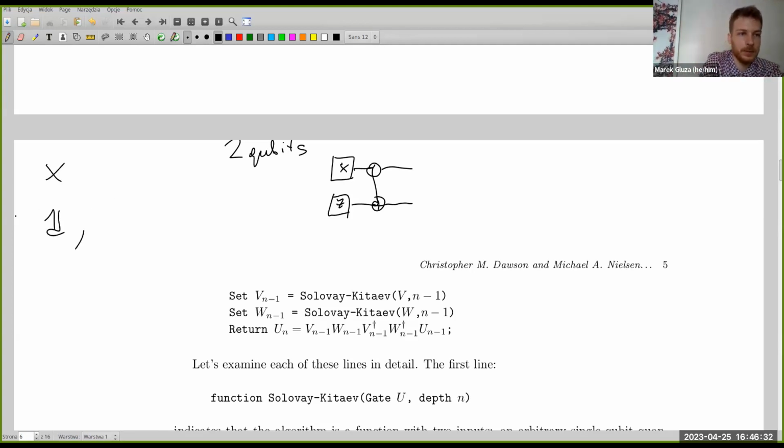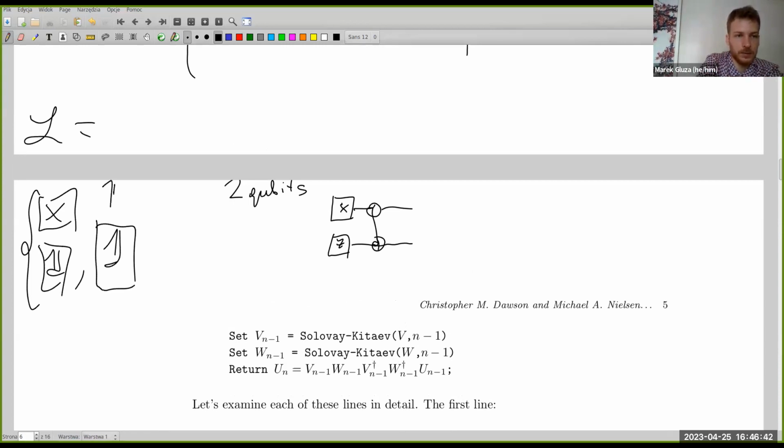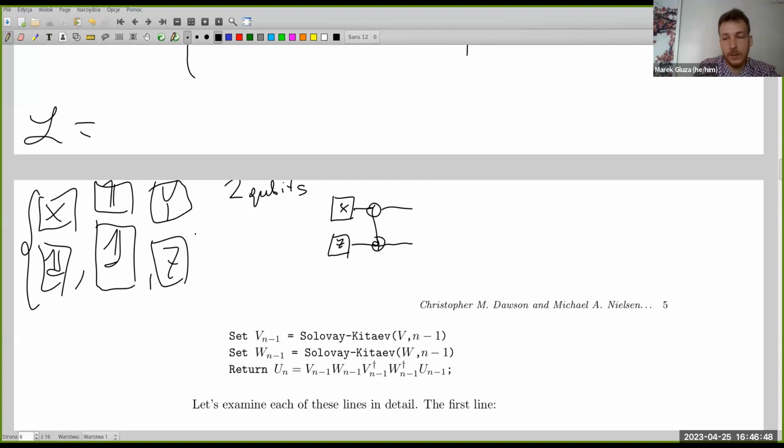So my lookup table is X identity and nothing else. It could be also the identity on both. It could be Z here and Y here. So basically the first step would be maybe the T gate here, identity, single qubit rotations.